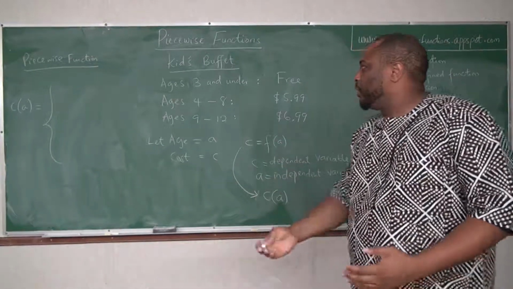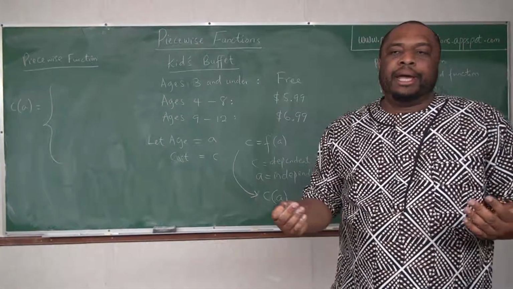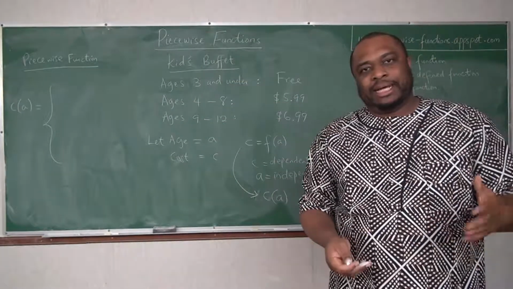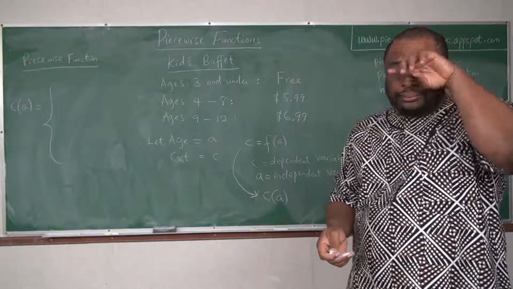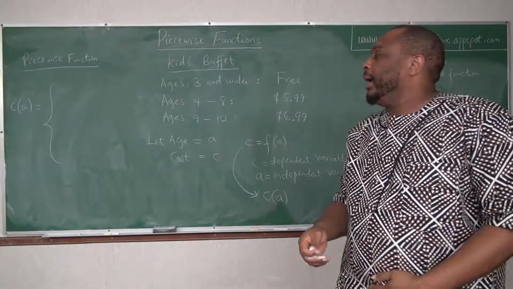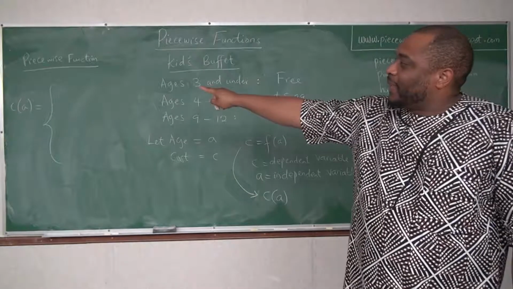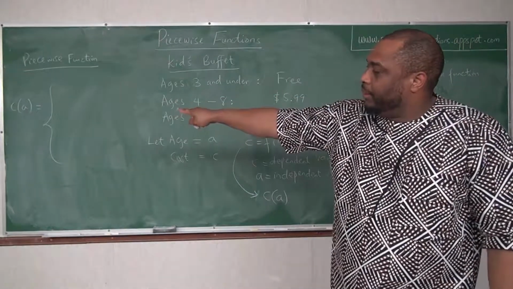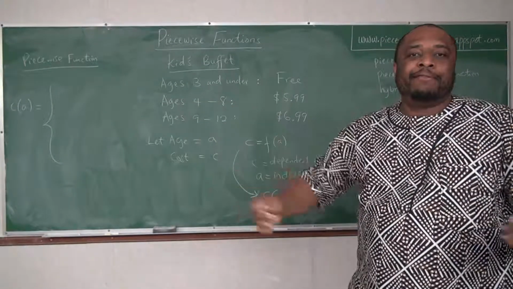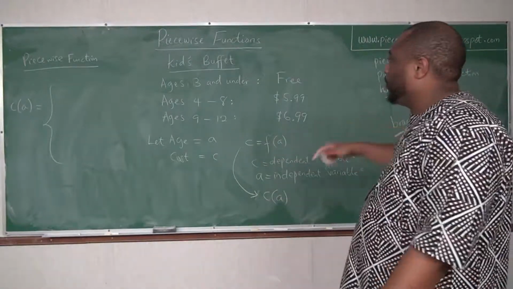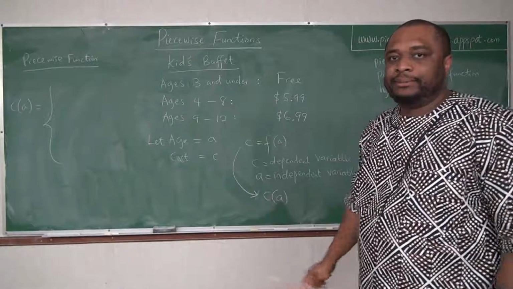We use braces for set notation, and in programming we also use it. In a piecewise function, we just have an opening brace. We don't close it. We just open the braces.